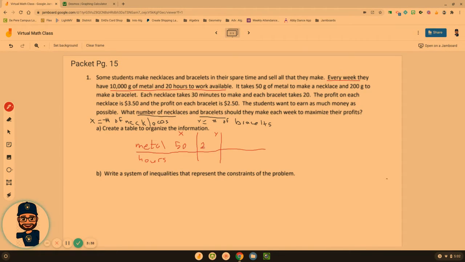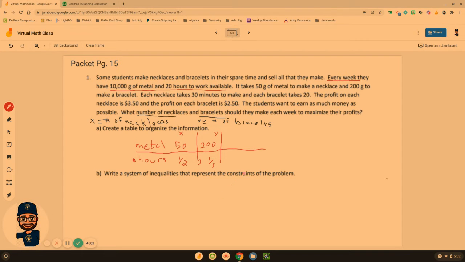So 200 is going to go over here. Y is the bracelets, X was the necklaces. And how many hours? Now be careful here, because it is talking about how many hours. Each necklace is 30 minutes. 30 minutes is a half hour, so half X. 20 minutes for a bracelet. 20 over 60 is really 1/3.